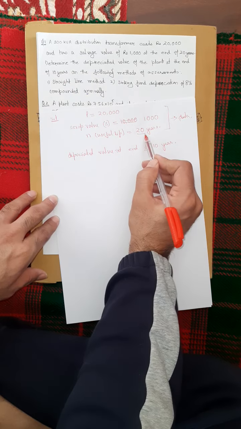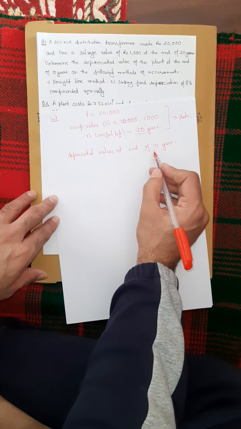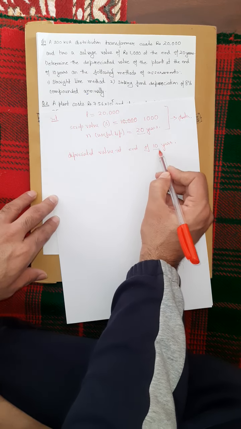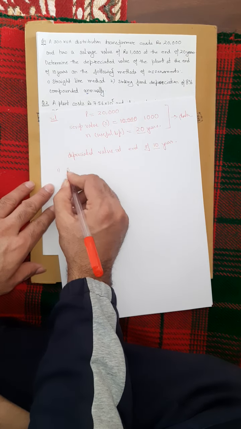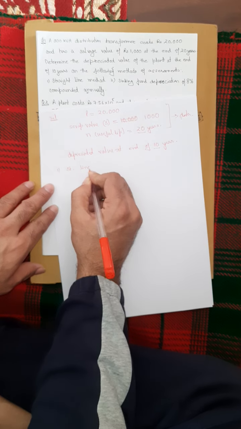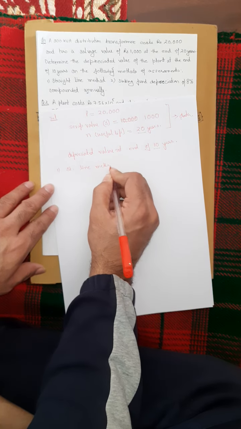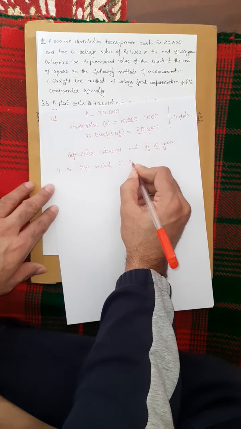Though the useful life is 20 years, we are asked to calculate the depreciated value after 10 years using the following two methods. Number one is the straight line method, and number two is the sinking fund method.